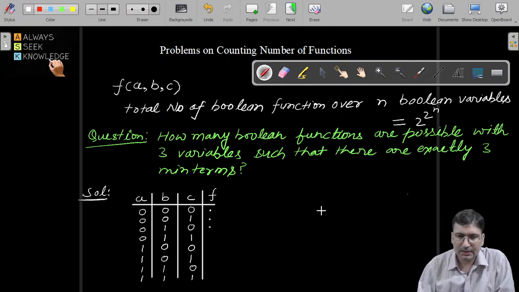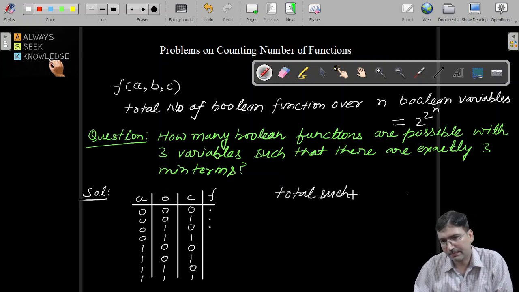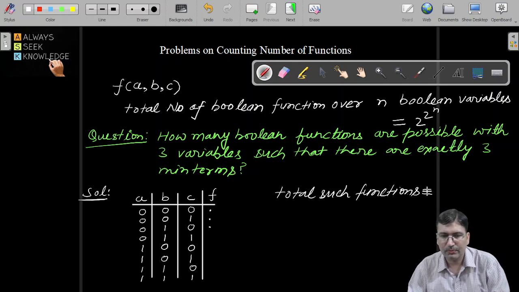It is very easy. The total number of such functions is equal to, out of these 8 we need to pick any 3. So we can say 8C3.